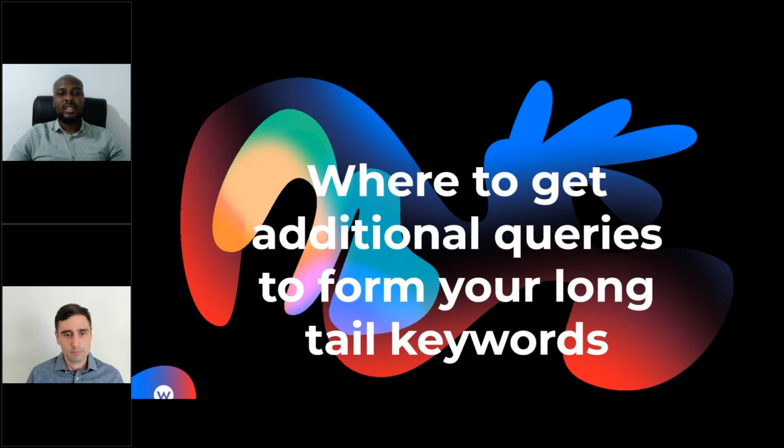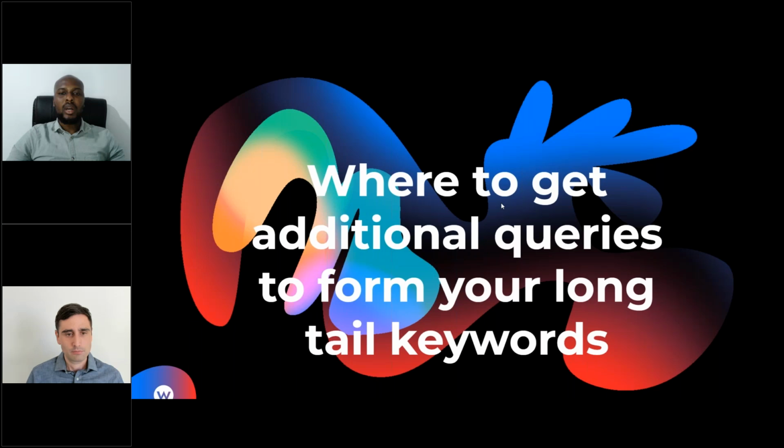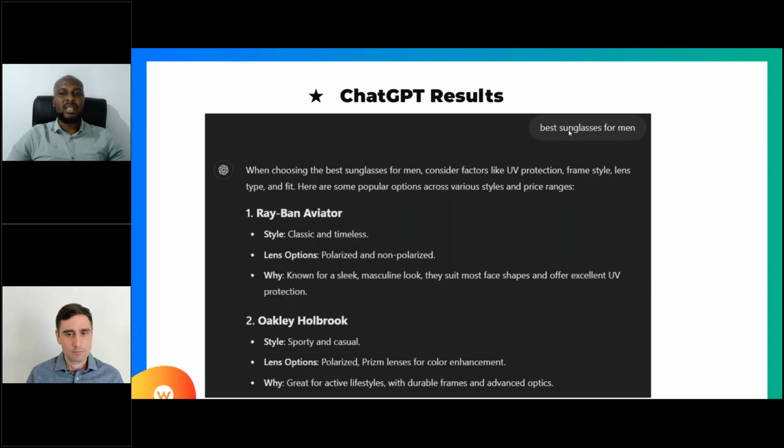The truth is, the first place you want to look for these queries is the AI platforms that people are chatting with. For example, in the query I showed before, where I asked for the best sunglasses for men, ChatGPT gave me a long list of the different sunglasses that it recommends. As you can tell, it tells me the style, lens options, and why any of these sunglasses would be good for me.